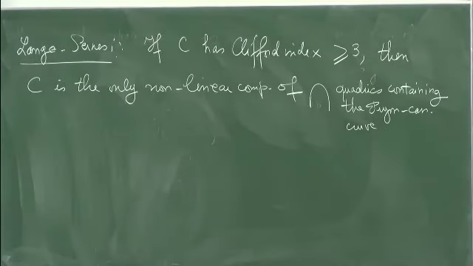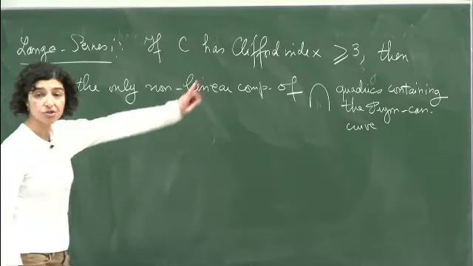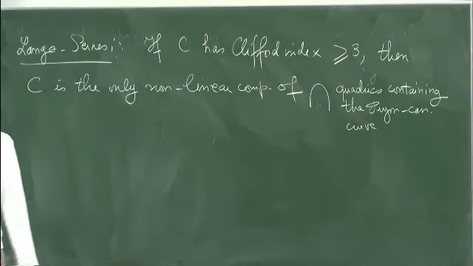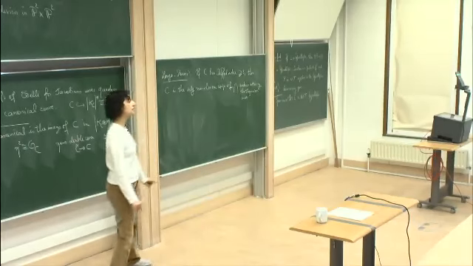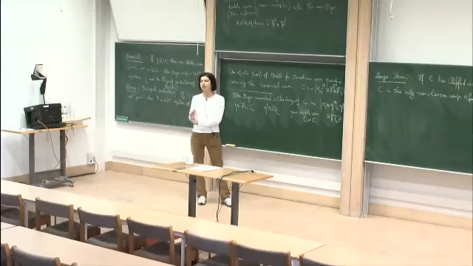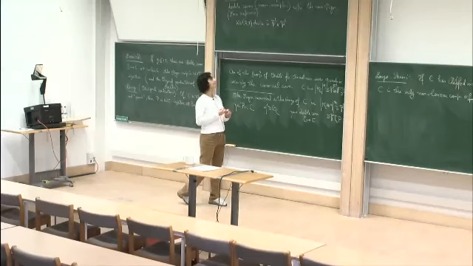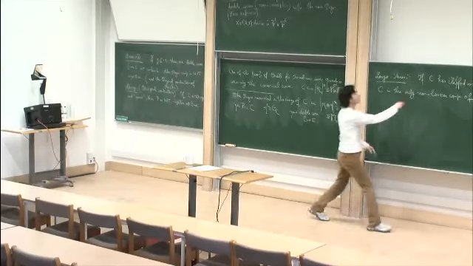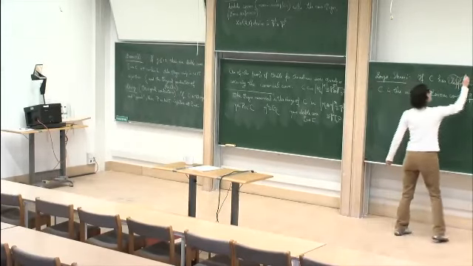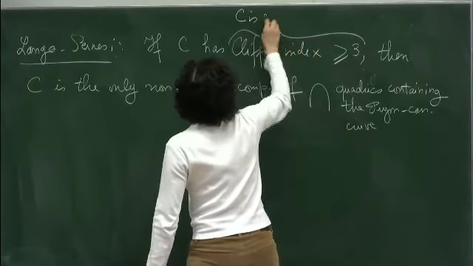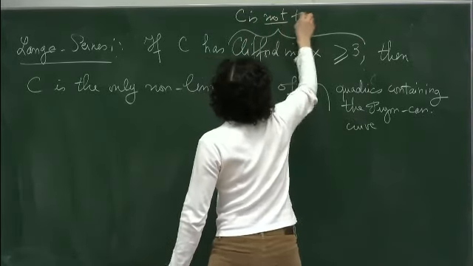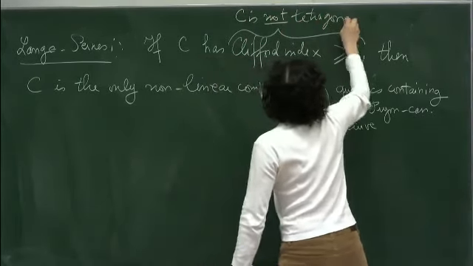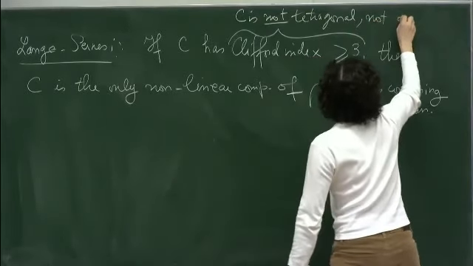Okay, so now first of all, what's the Clifford index? Clifford index at least 3 basically means that C is not a tetragonal curve and it's not a plane sextic. So it excludes exactly those things. So this means that C is not tetragonal and not a plane sextic.